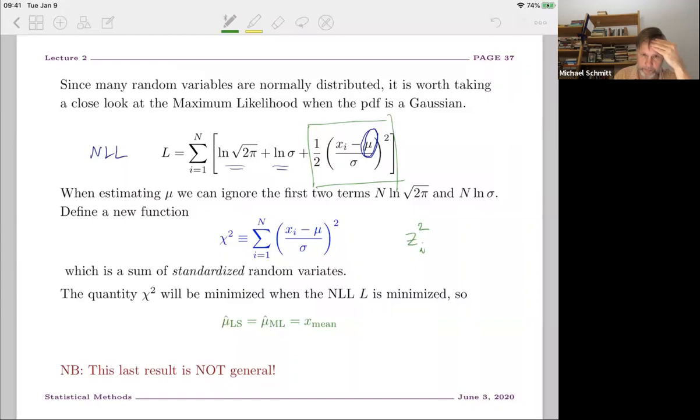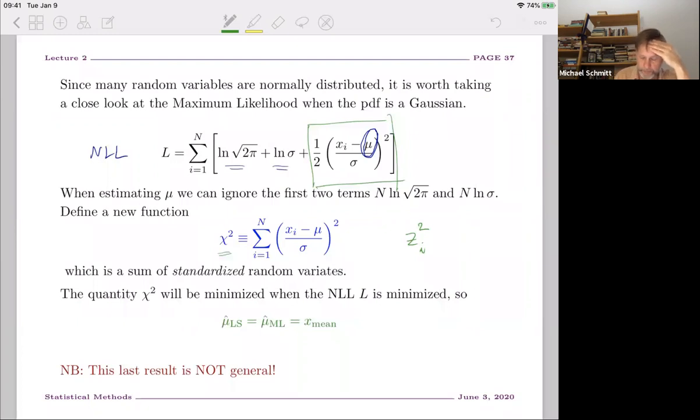Now if you just look at this for a second, if we're minimizing the left-hand side with respect to mu, the mean, then we're also minimizing chi-squared. We're minimizing this quantity in blue here. So the least squares estimator, which comes from minimizing chi-squared, coincides with the estimator for maximum likelihood, which coincides, you can do the calculation and see, with the sample mean.